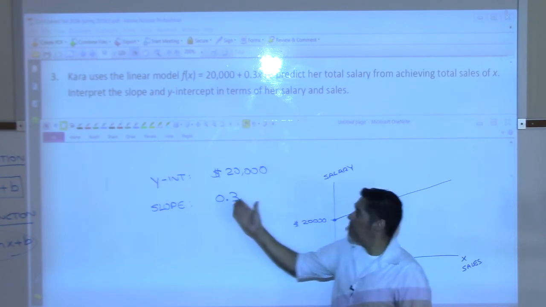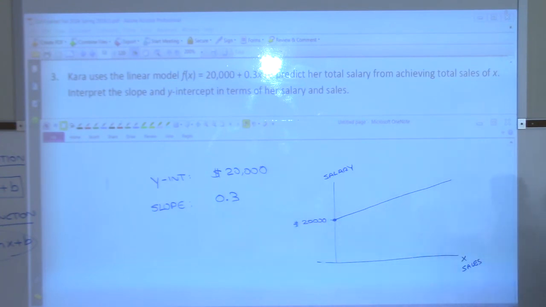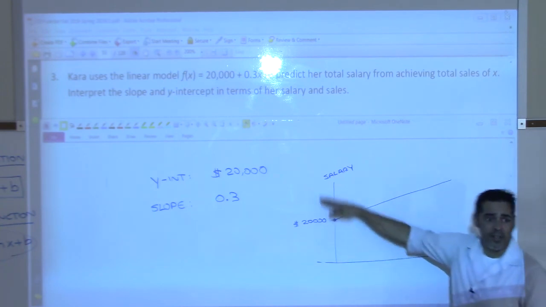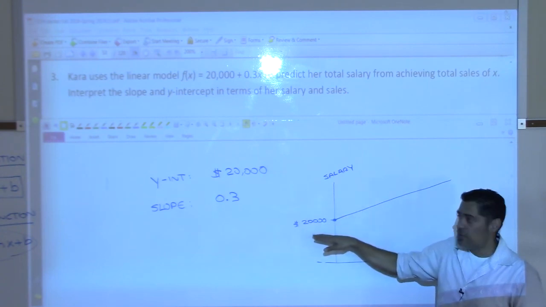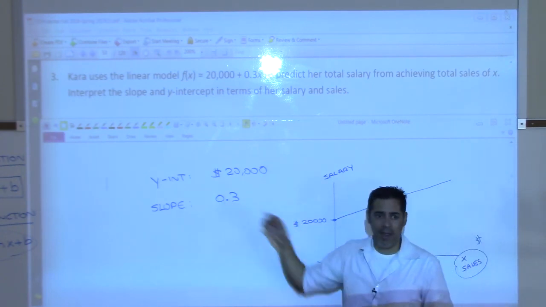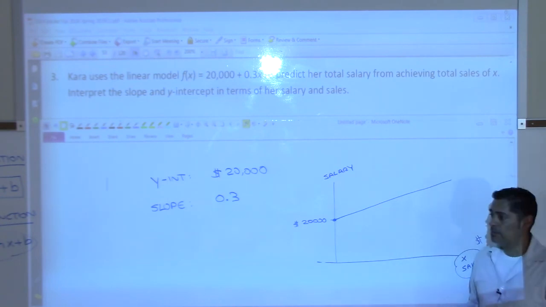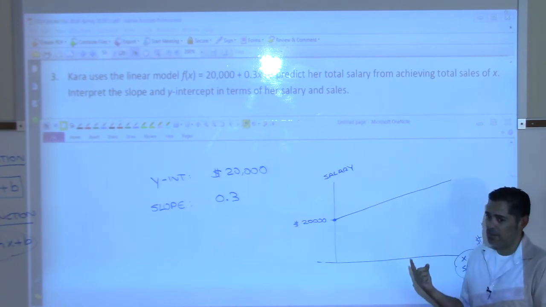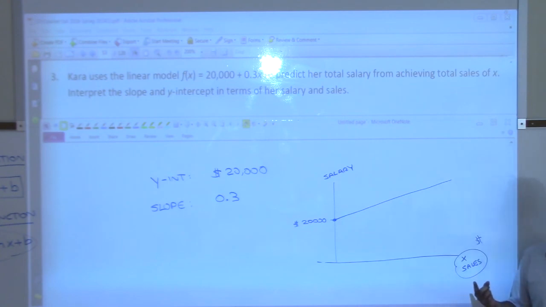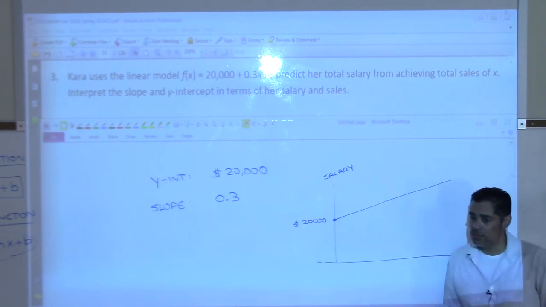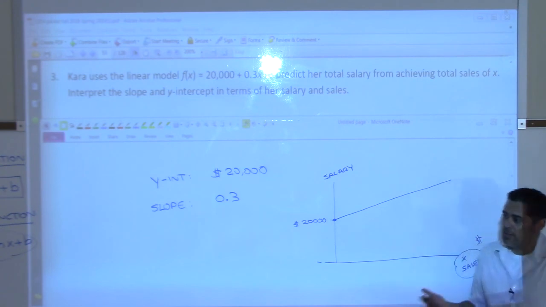Now, from this picture, we can assume that this is sales in dollars. The reason we can say that is because her salary is in dollars. So she's making 30% of every dollar she sells. So if she sells $1 worth of whatever it is, she's going to make 30 cents. If she sells $10, she's going to make $3.